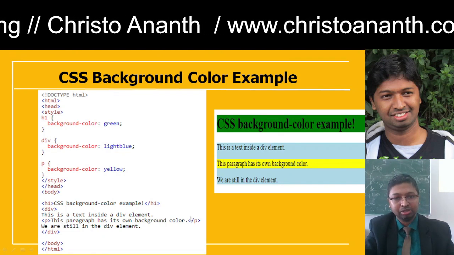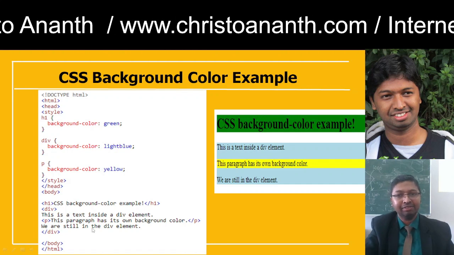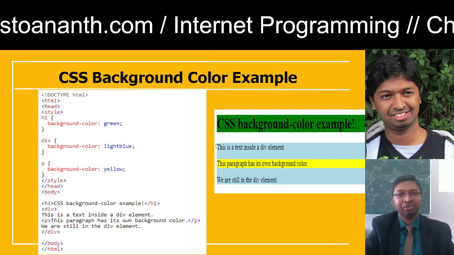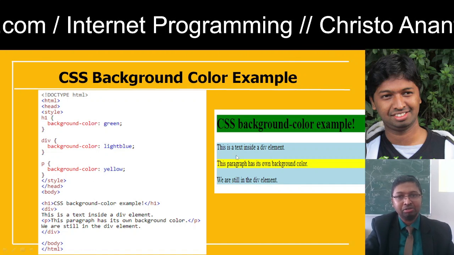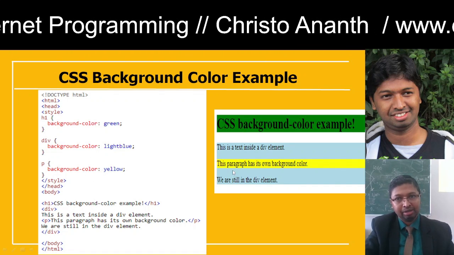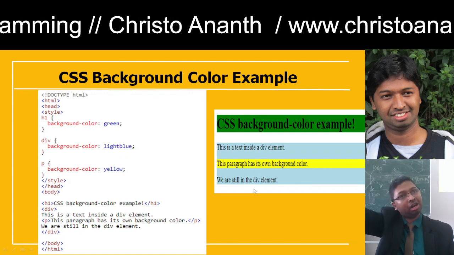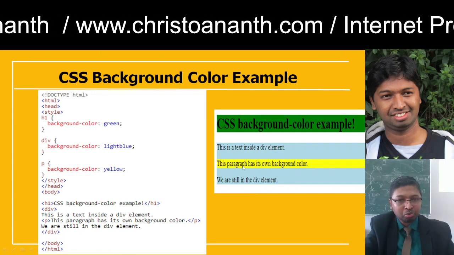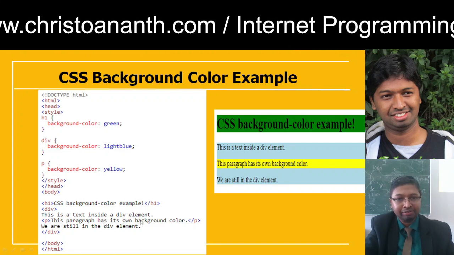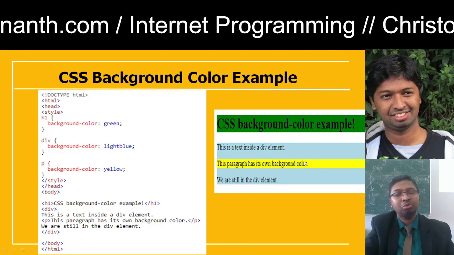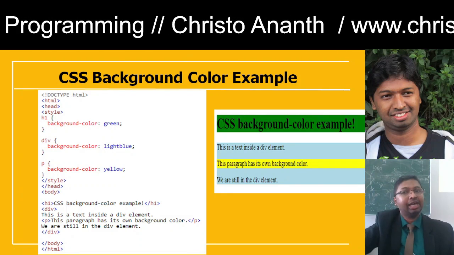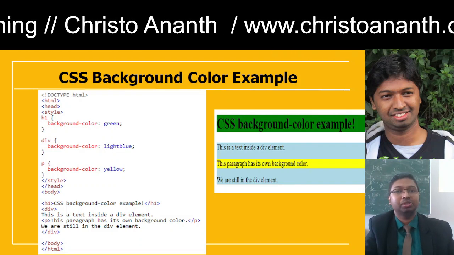Then close the paragraph, we are still in the div element. Then close the div, close the body, and close the html. Here you can see CSS background color is displayed in green, but everything else has a common background color light blue. Only this paragraph has its own background color, yellow, but remaining all will be light blue background.